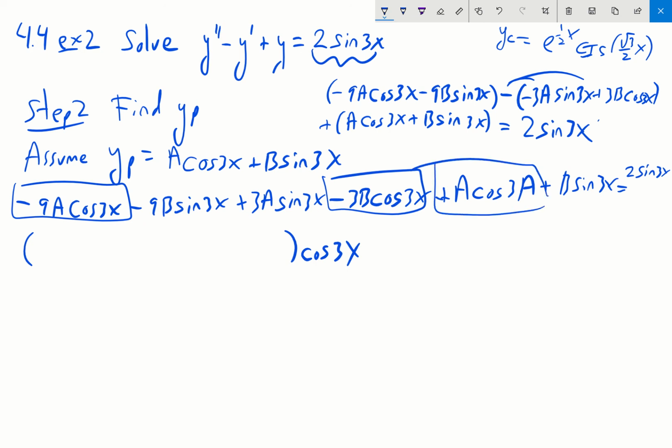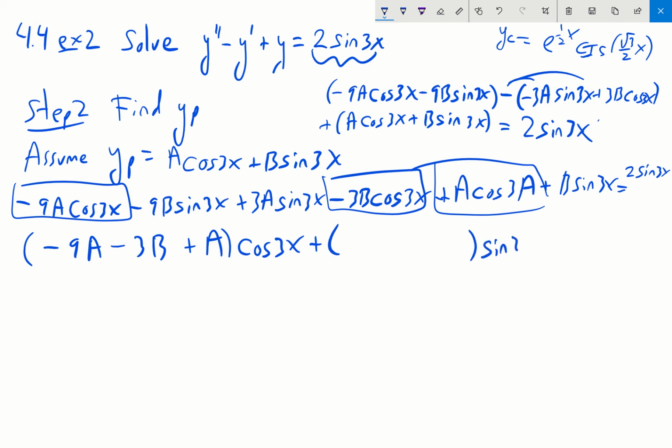If you group those three terms together and factor out the cosine of 3x, you would have negative 9a minus 3b plus a, times cosine of 3x. And now if I group all of my sine of 3x terms together and factor out their coefficients, we have negative 9b plus 3a, and then plus b.